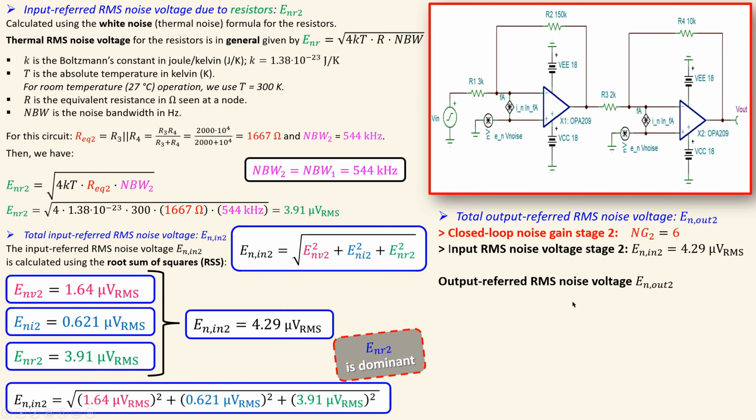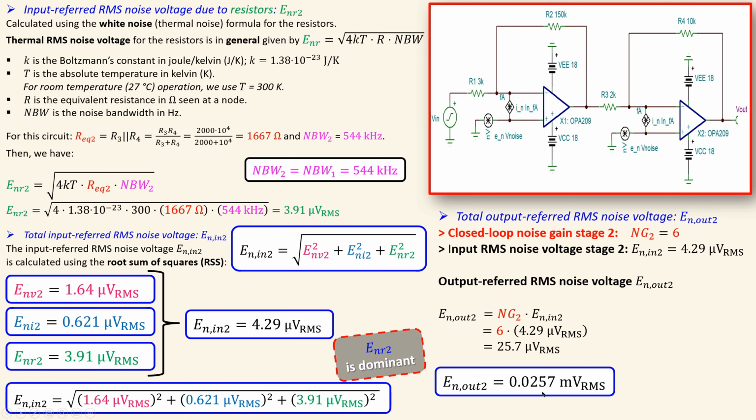Then the formula for the output noise voltage due to the second stage only will be this expression. Now we have the 6 for our noise gain of the second stage. We have this value for the input referred RMS noise voltage, that will then be 25.7 microvolts RMS, or in millivolts, 0.0257 millivolts RMS.